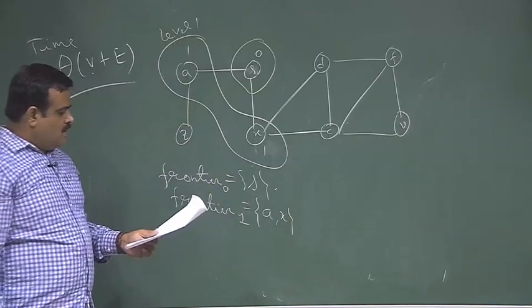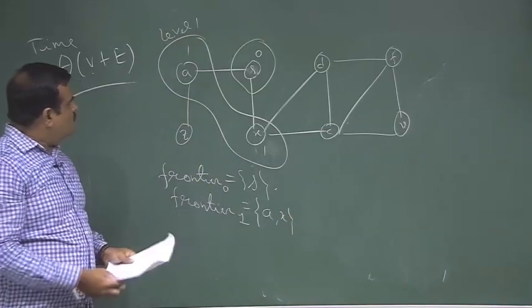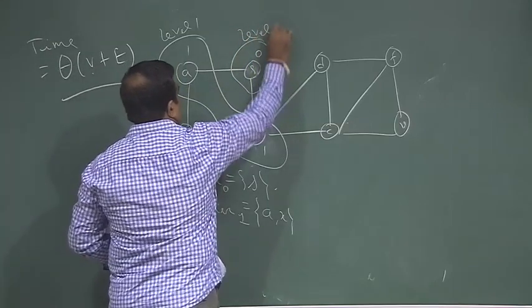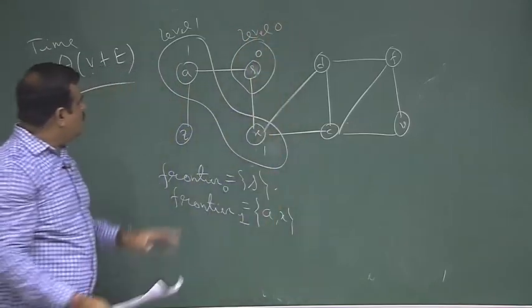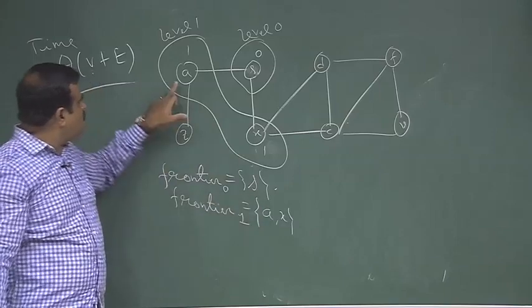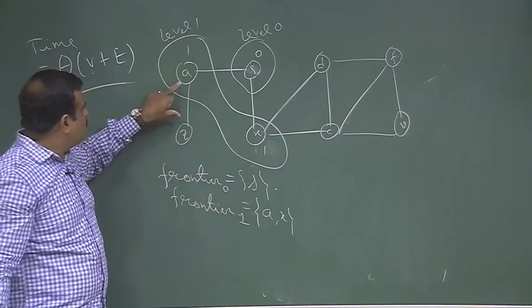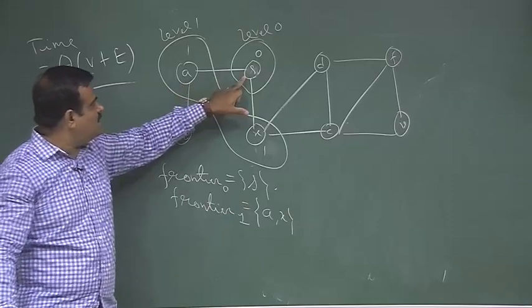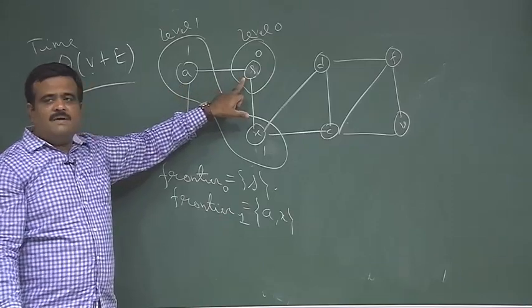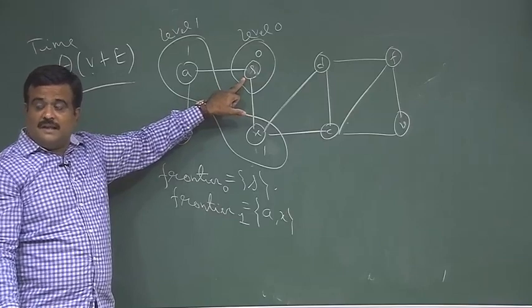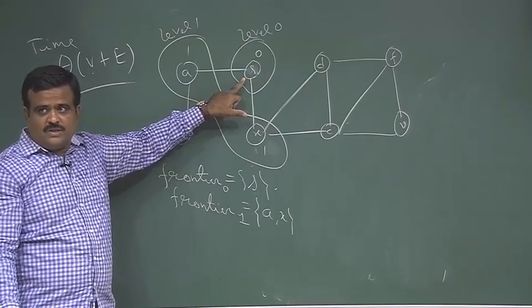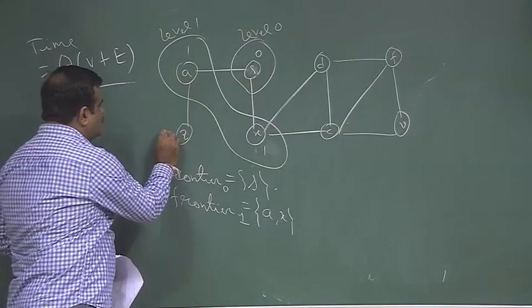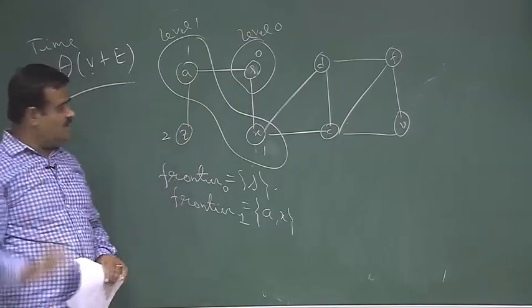So this is level 0 and this is level 1. Now the frontier is this, and we have to check all the vertices. If we take this vertex, we look at its adjacency list, but this one is already labeled, so we want to avoid the duplicate and do nothing on it. This one is not labeled, so we label it by 2, and now I is 2.